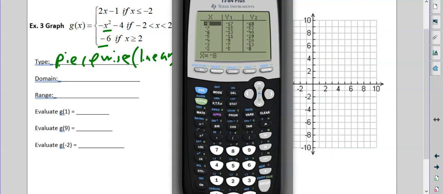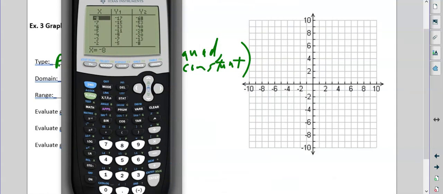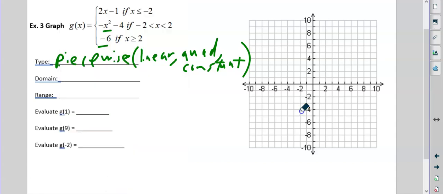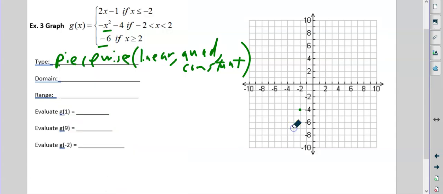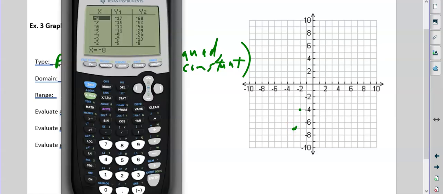So I'm going to use points like -2, -5, -3, -7, and -4, -9.